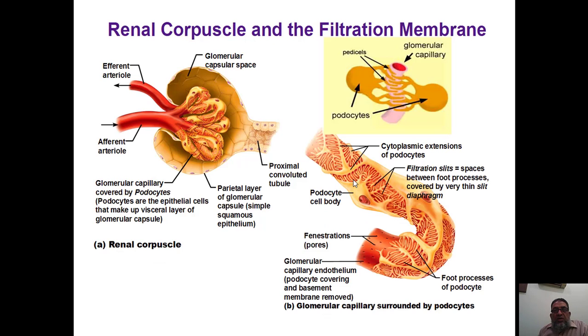Now the renal corpuscle and the filtration membrane. What is the mechanism, what is the anatomy of the filtration process, and what are the structures which form the filter between the blood and the urine? Now look at this picture over here. This is the afferent arteriole, which carries the blood toward the Bowman's capsule.